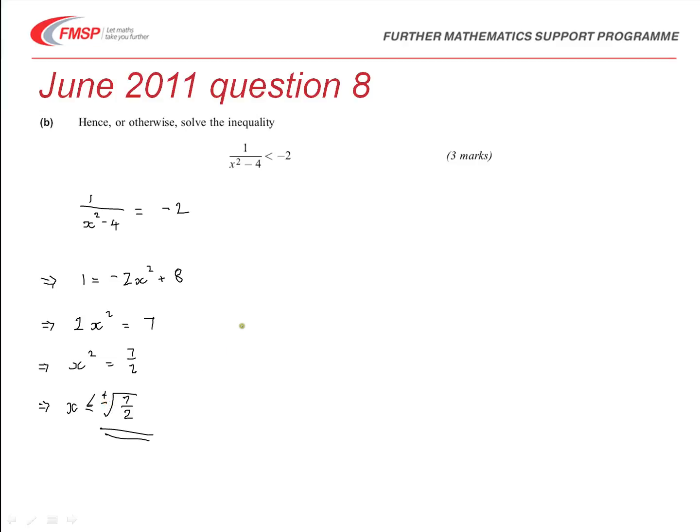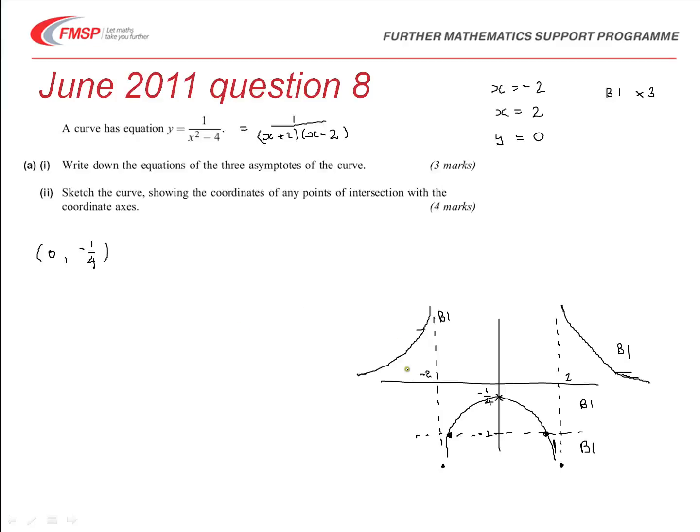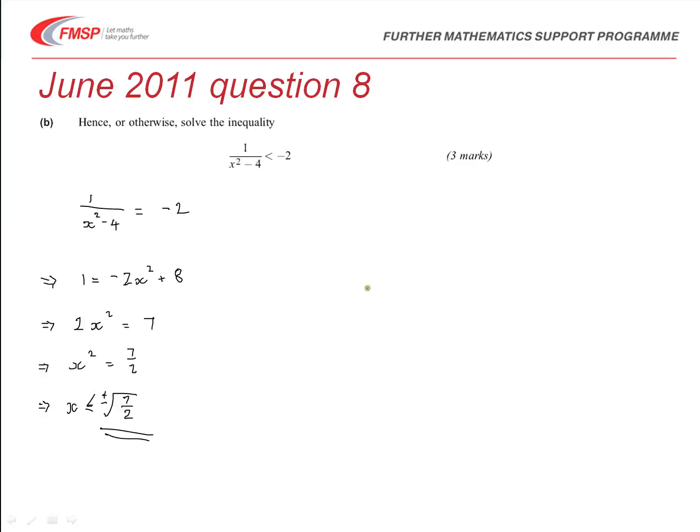And so if we look back at our graph again, we know that the solution that we're interested in is between -2 and negative the square root of 7 over 2, and it's between positive root 7 over 2 and positive 2. So those are the solution sets we need to state.